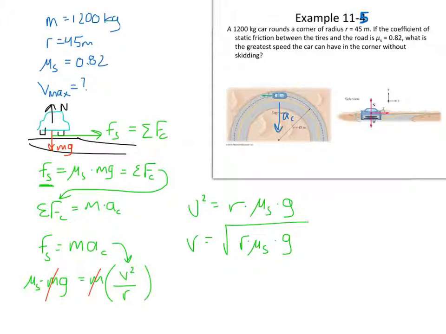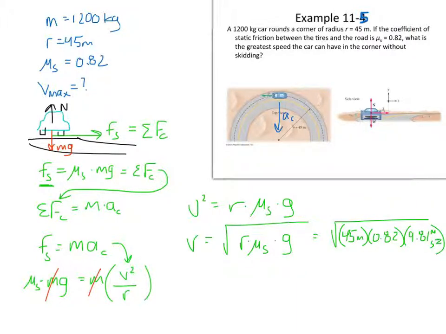Now let's plug in and solve for the maximum velocity the car can have. Our r is 45 meters. Our mu s, the coefficient of static friction, is 0.82. And g, of course, is 9.81 meters per second squared.